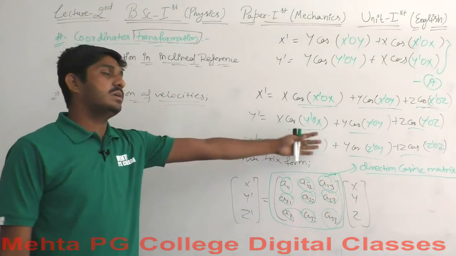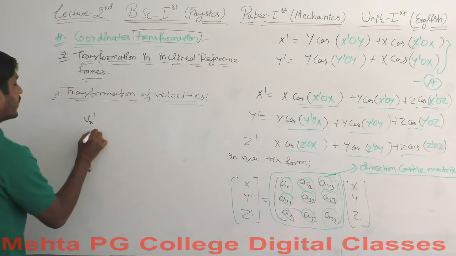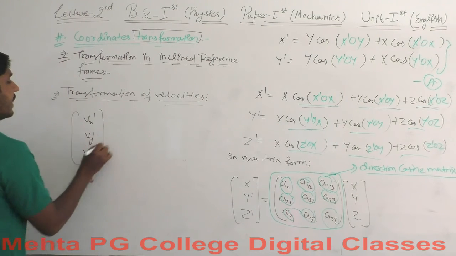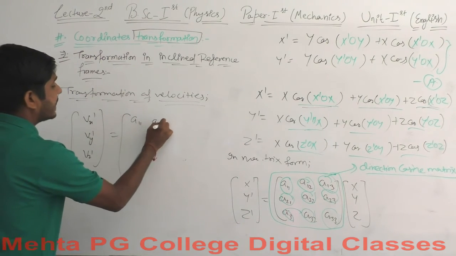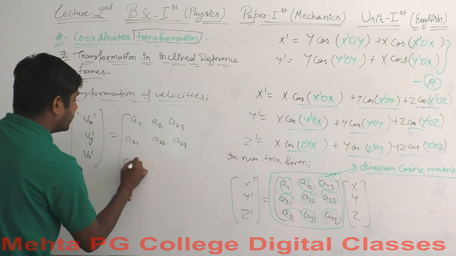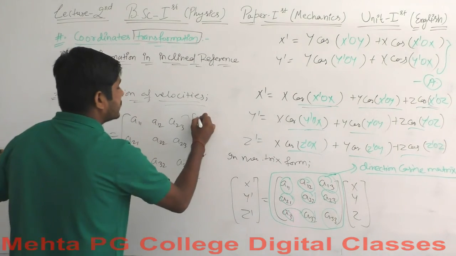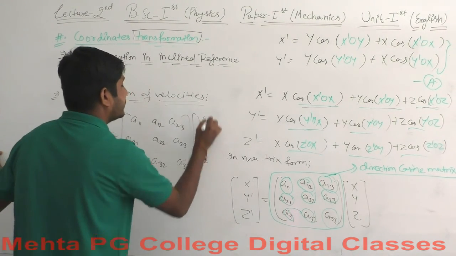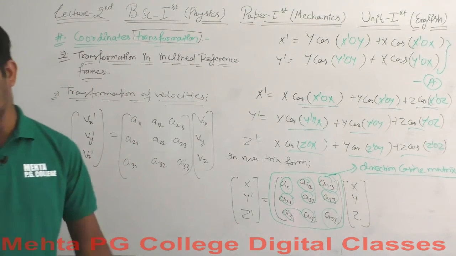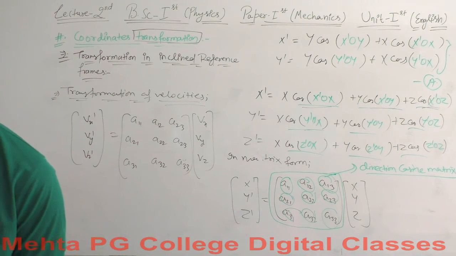So we differentiate these equations, then we find the velocity vector, written in the same sense: vx dash, vy dash, vz dash equals the matrix a11, a12, a13, a21, a22, a23, a31, a32, and a33, times vx, vy, and vz. This is the transformation of velocity. This is not so complicated and there is not so much notation here.